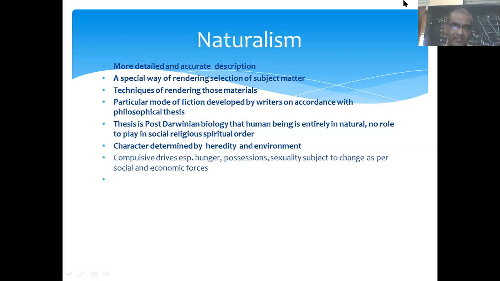What does naturalism stand for? Naturalism is a more accurate, more detailed type of description in the novels and dramas.